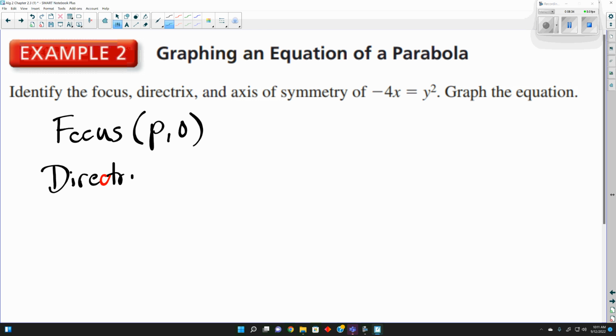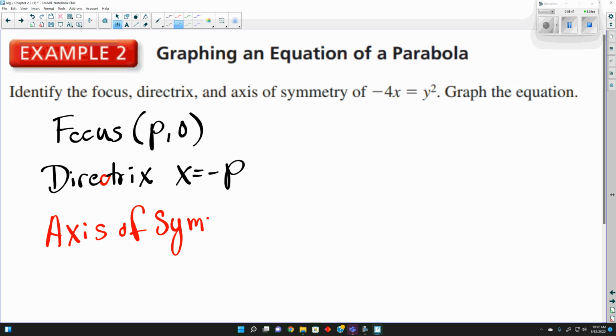The directrix is x is equal to negative p. And the axis of symmetry is y equals 0.